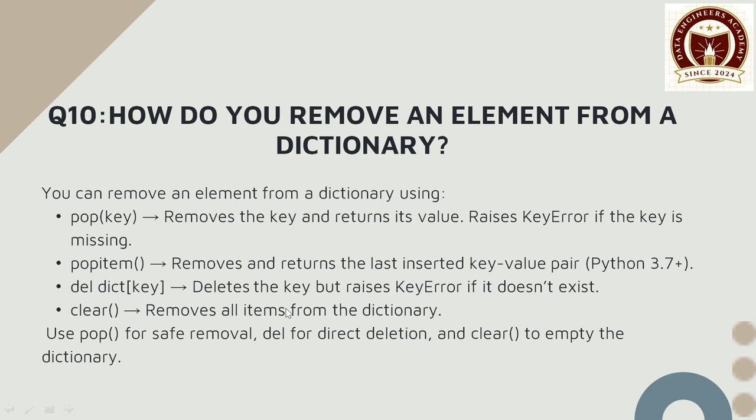Clear removes all items from the dictionary. We will use pop for safe removal, del for direct deletion, and clear to empty the dictionary.